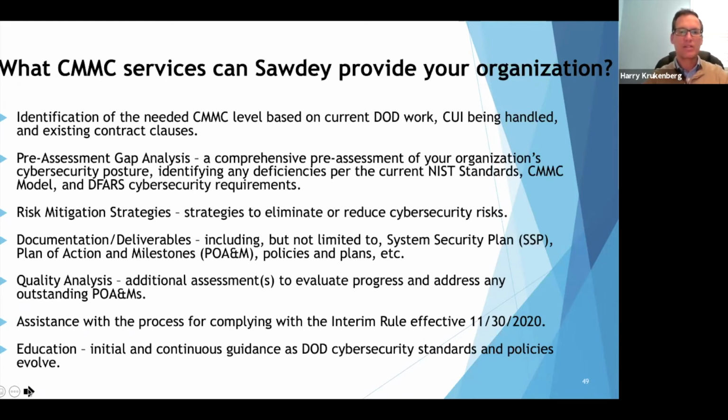We offer assistance with the process for complying with the Interim Rule that just went into effect. So there is a scoring system. It's not difficult, but it can be a bit complex because it's not just a straight add up of the 110 controls in NIST 800-171. And it can be a little bit tricky in identifying whether or not you're compliant with those controls. We can assist with that and with getting a score to enter in SPRS.